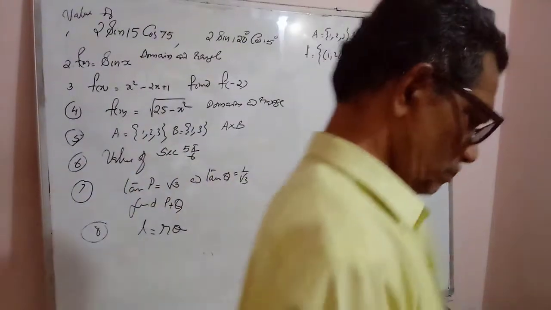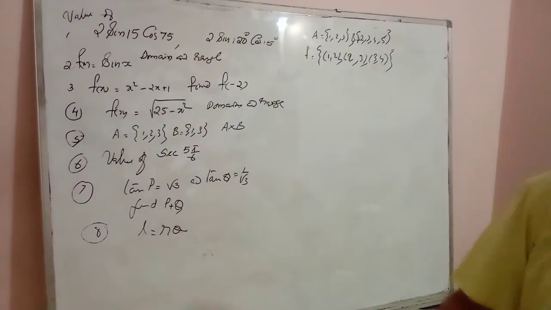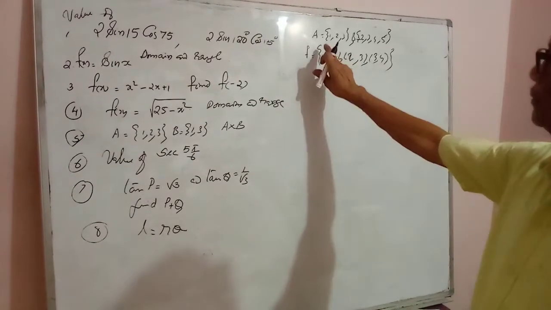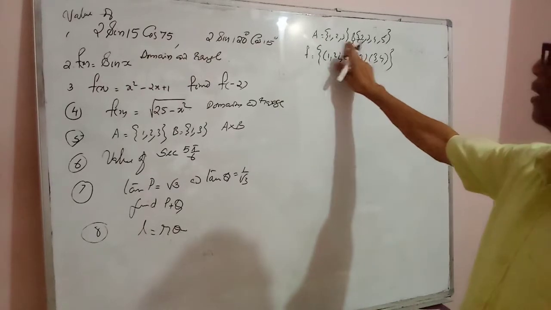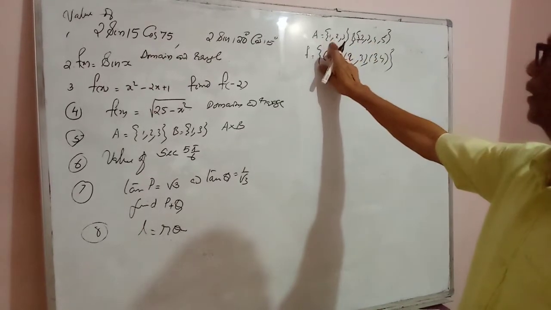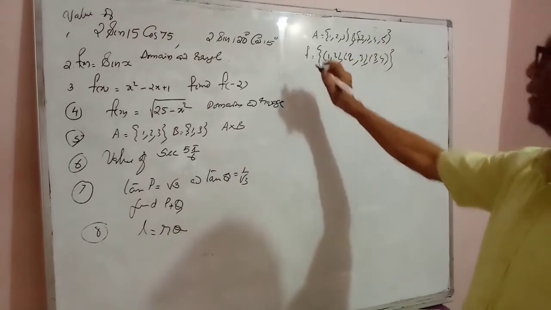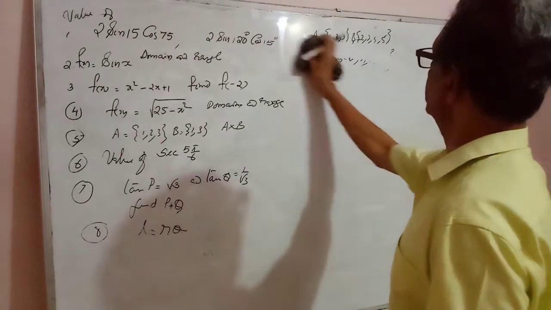Let us have a brief recollection of what we have learned so far. If A and B are two sets, A equal to set {1, 2, 3}, B is equal to {2, 3, 4, 5}, then what is A cross B?